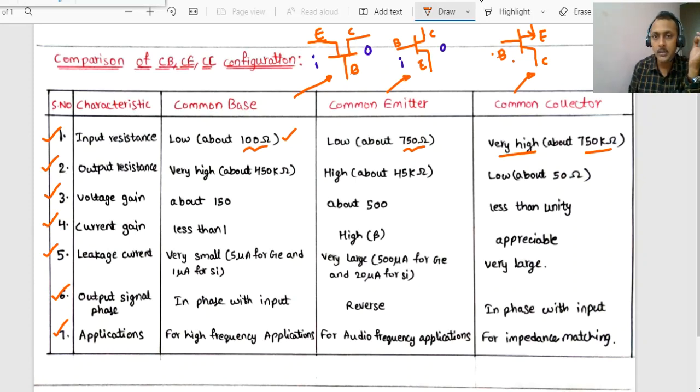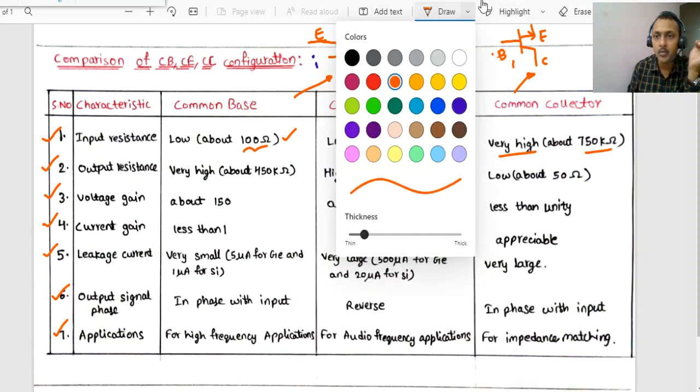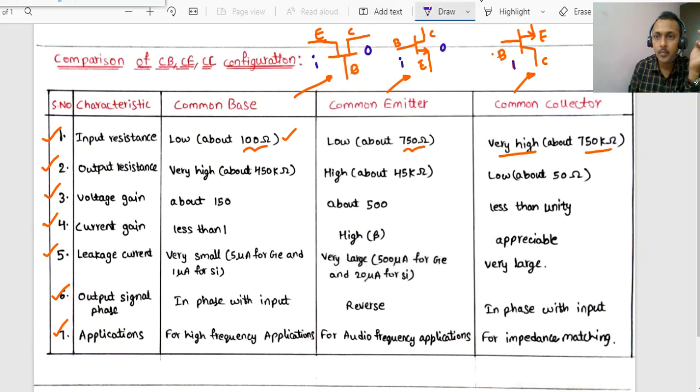But the key point is, in common base, input will be across emitter and base, output will be across collector and base. In common emitter, input is across emitter and base, and the output is across collector and emitter. In common collector, the input is applied across here, and the output is across emitter and collector, right?